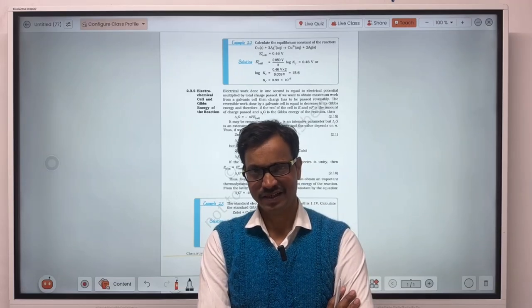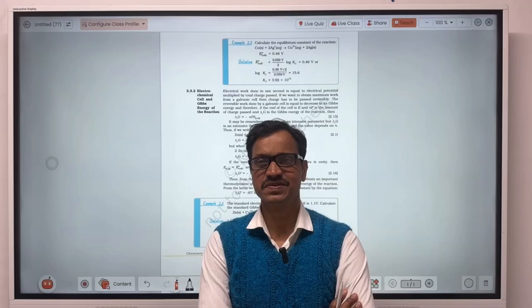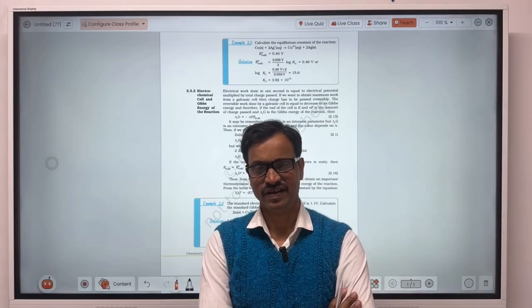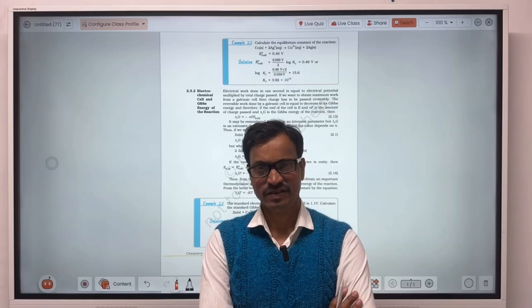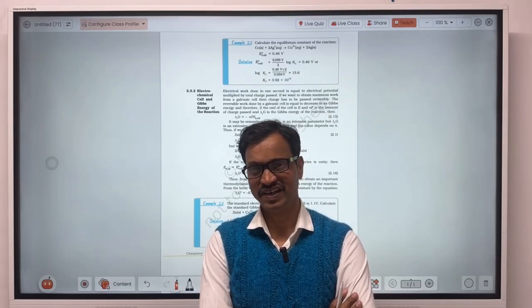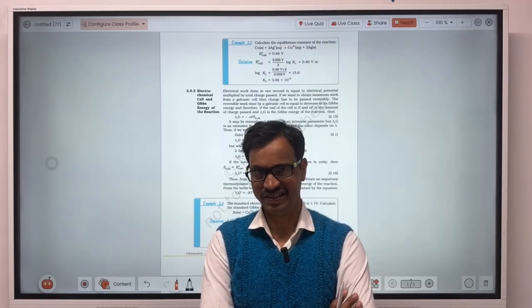A process will take place when the change in Gibbs free energy during a reaction is negative.